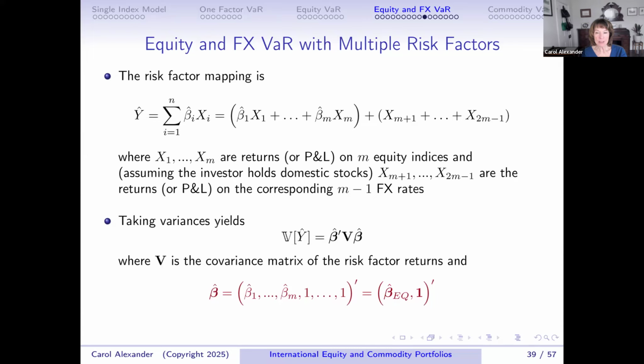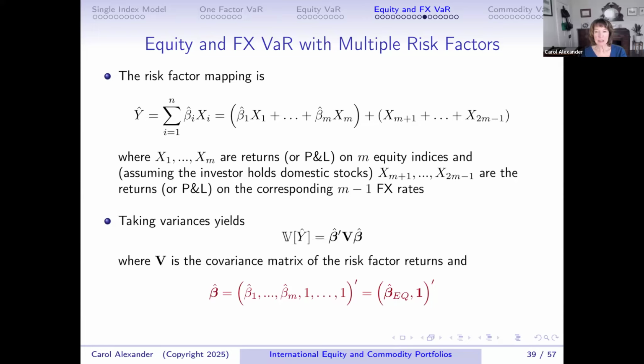So there are M equity indices, and assuming that one of those risk factors is the domestic stock index, then we'd only have M minus one, we'd have one fewer foreign exchange rate as a risk factor. Okay, so if we take variances of this now, we can't express it using the summation form that we used before, because it's far too large.